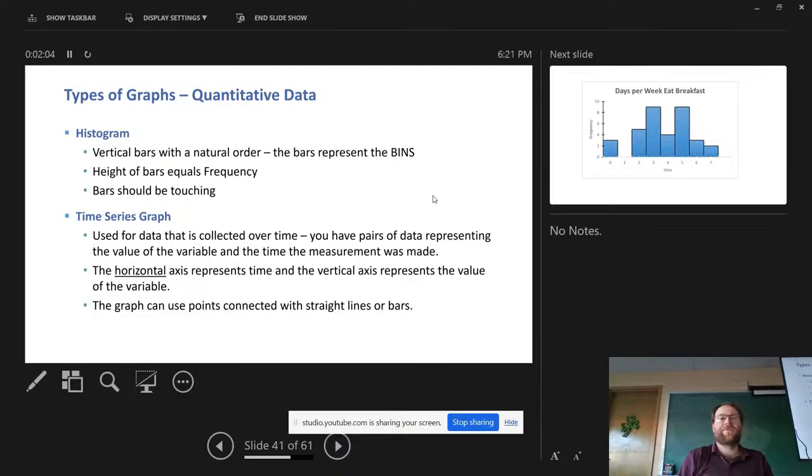Things like the stock market use time series graphs. Often really good at showing trend lines or the pattern expected over time for a set of data.